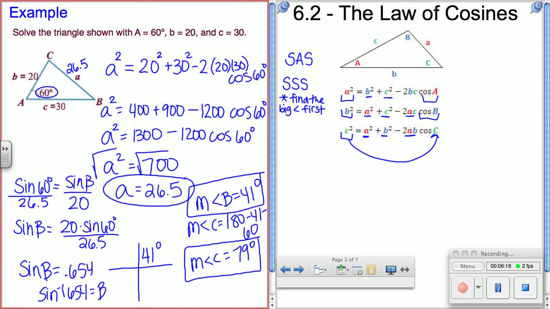The only problem is we didn't look for a second possibility for angle B. If I take 180 minus 41 degrees, I get 139 degrees. Now, 139 and the 60 I already know is more than 180. So in this case, we don't have a second set of answers. We only have one answer. You can see we used the law of cosines to find a missing side. Then we were able to go back and use the law of sines.